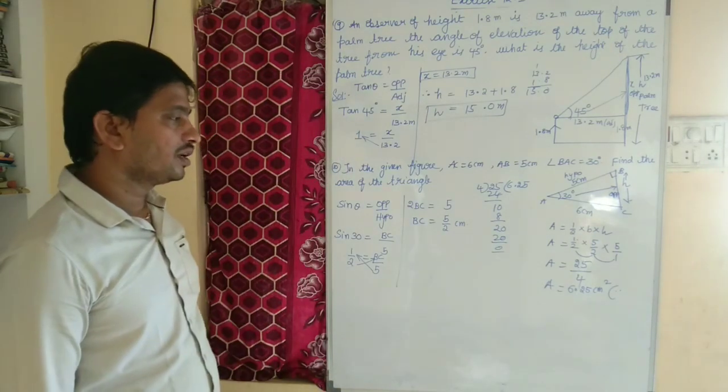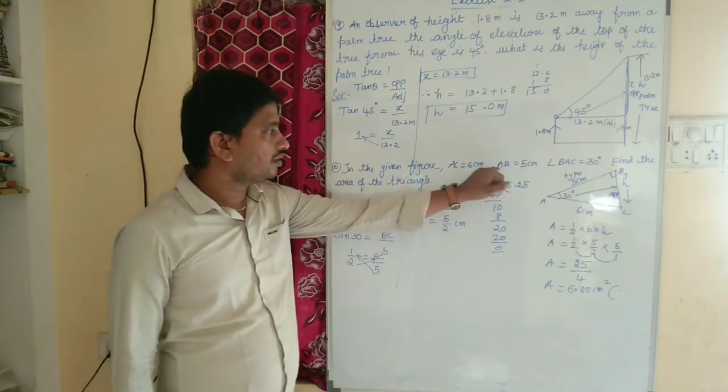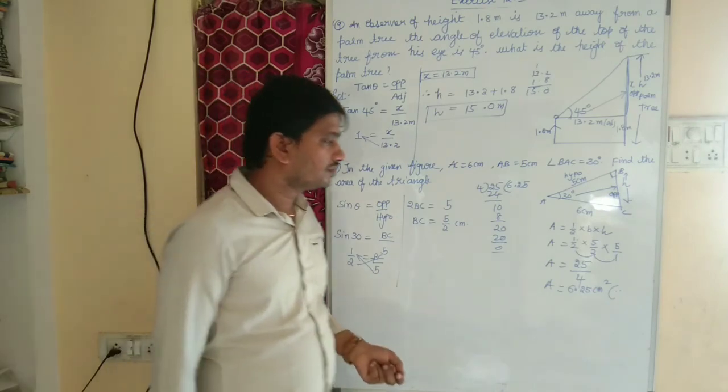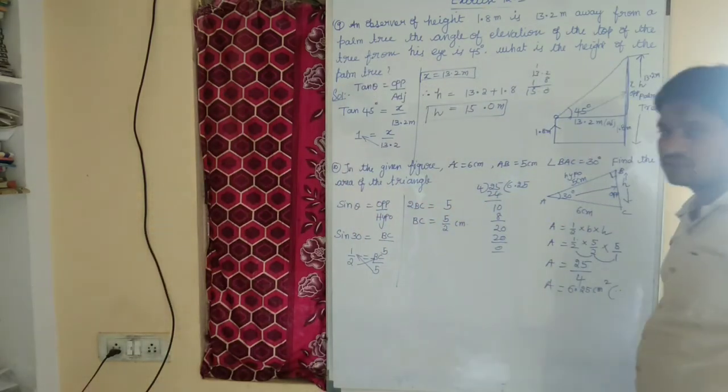Area will be either in centimeter square or meter square. Here units are centimeters, so the area of the triangle is 6.25 centimeter square.